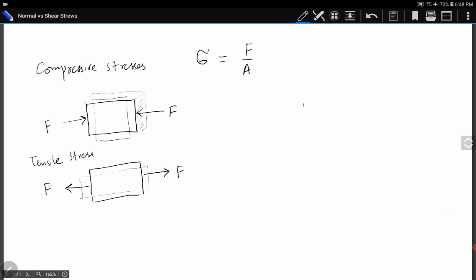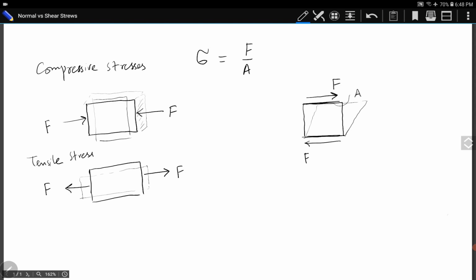In the other case, if force is applied parallel to an area, again two equal and opposite forces have been applied parallel to an area like this. Both these forces are trying to change the shape of the body. For example, initially it was a rectangle, now it will be a rhomboid.